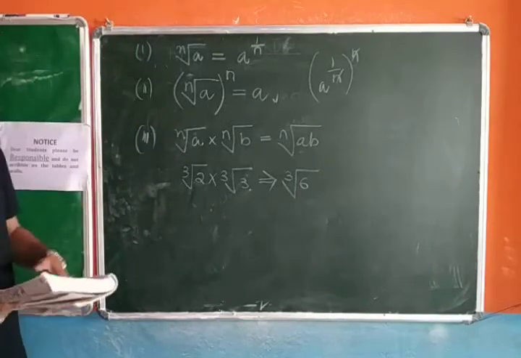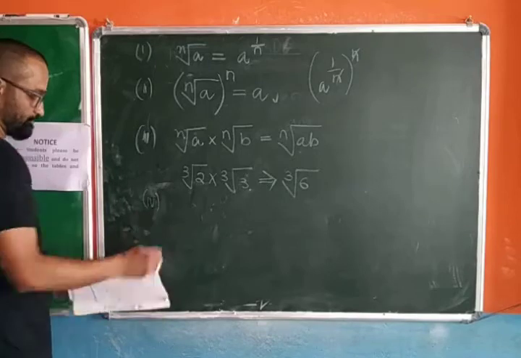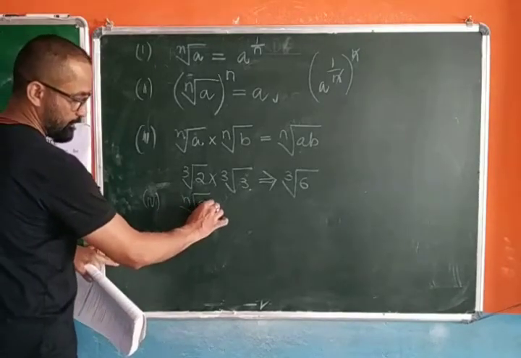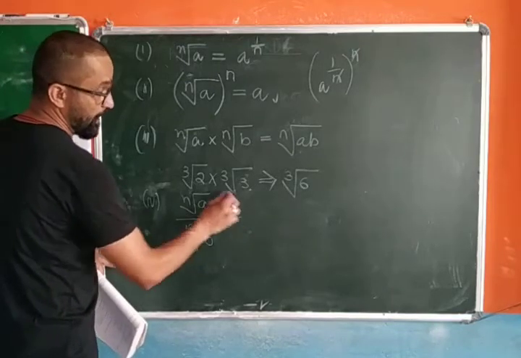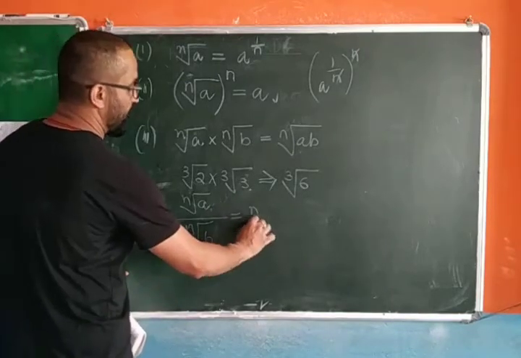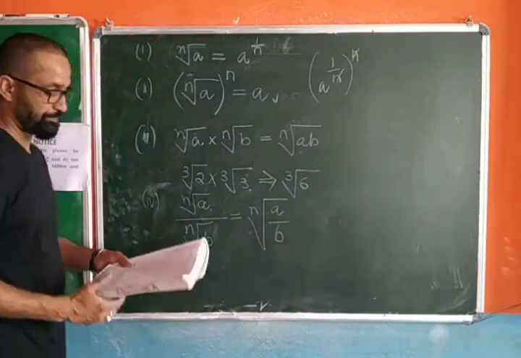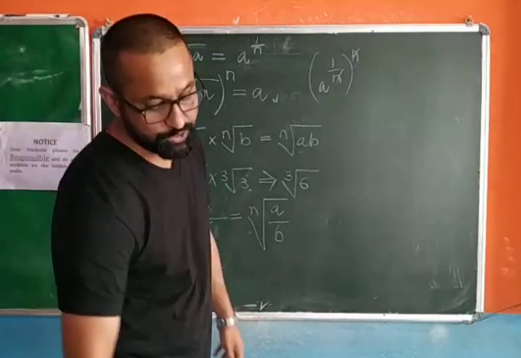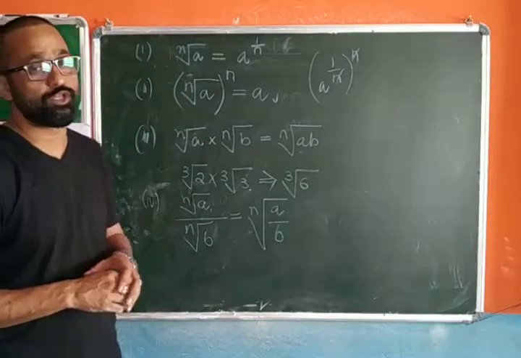Remember this important term. Then the fourth one, nth root of a divided by nth root of b can directly be written as nth root of a divided by b. These are important properties of irrational numbers.